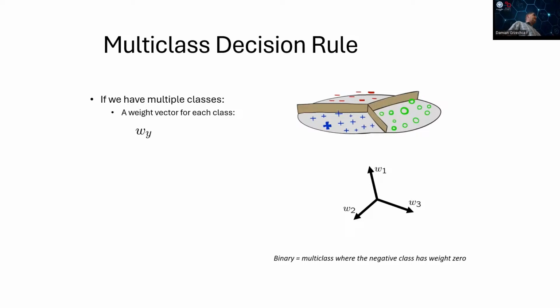So it's very convenient to use, for example, in terms of 3 classes, 3 neurons. Okay. So neuron number 1 will represent plus, neuron number 2, circles, and neuron number 3, minuses.